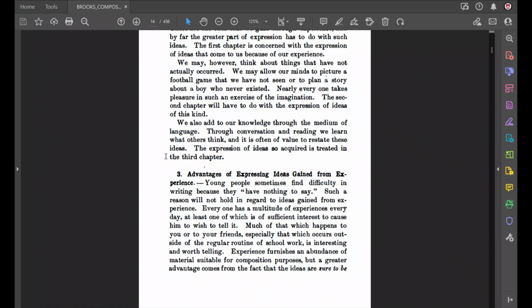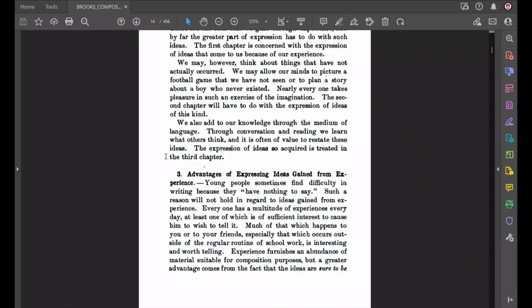Okay? So the first advantage of writing from experience is you always have things to say. You always have ideas to share. Everyone has a multitude of experiences every day, at least one of which is of sufficient interest to cause him to wish to tell it.